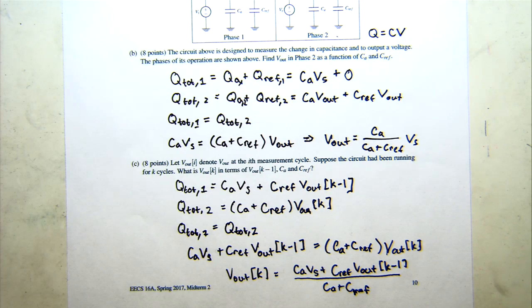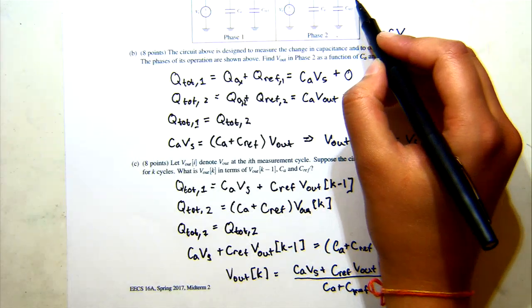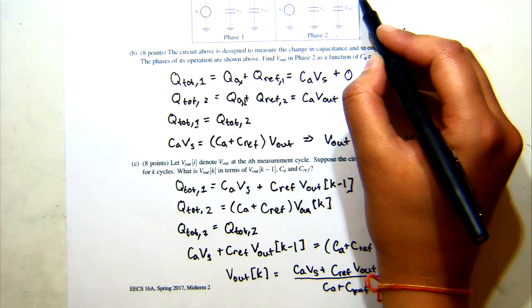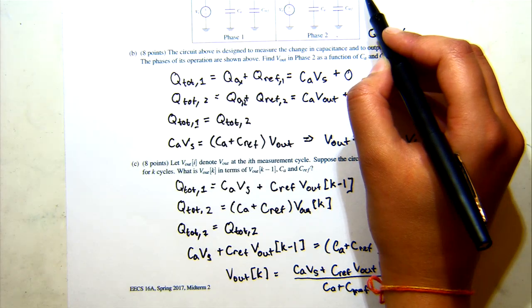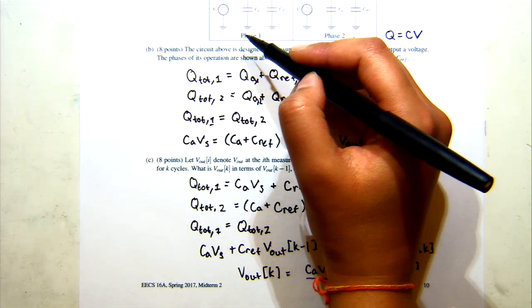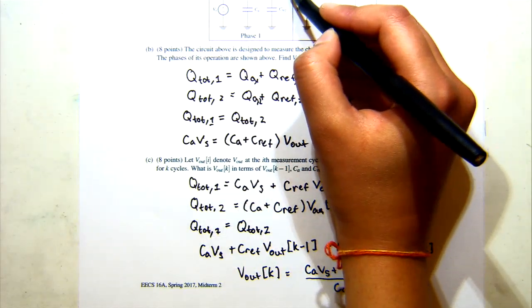So when we come to the kth measurement cycle, this means we've just completed the k minus first measurement cycle, right? And so what that means is we're coming from this phase 2, where we have V out k minus 1, okay? And then we're going back to phase 1, right? These switches turn, but we still have this V out k minus 1 here, right?